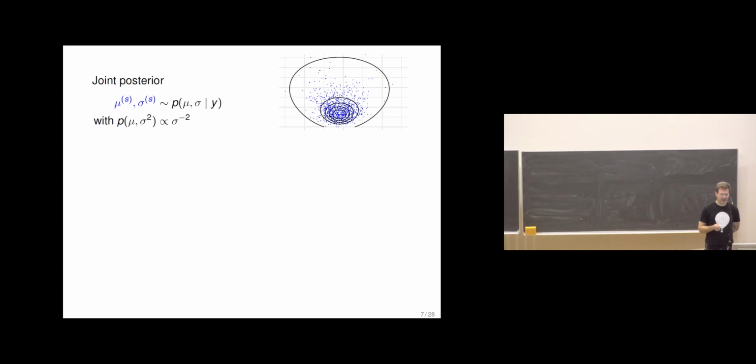This is now uniform for mu, so clearly improper, and also the sigma to the -2 is not proper, but we still get a proper posterior distribution.